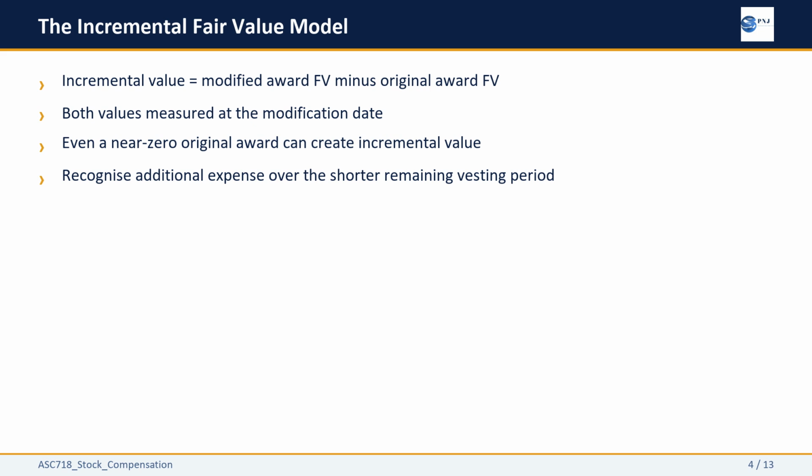Even if the original award was deeply out of the money and worth nearly nothing on the modification date, the incremental value is still the modified fair value minus that near-zero original fair value. The resulting incremental amount is recognized as additional compensation expense over the shorter of the remaining vesting period of the original award, or the vesting period of the modified award.